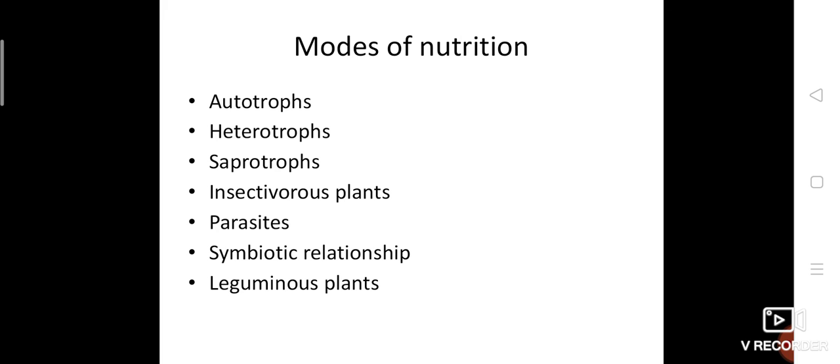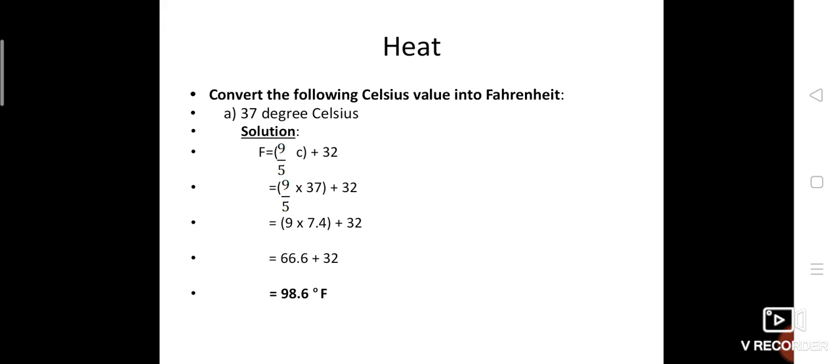Symbiotic means A and B both will get mutual benefit. A depends on B, B depends on A, means they are in a symbiotic relationship. Leguminous plants means legume plants, that is a pea plant and all. So these are the different modes of nutrition you can see in plants.